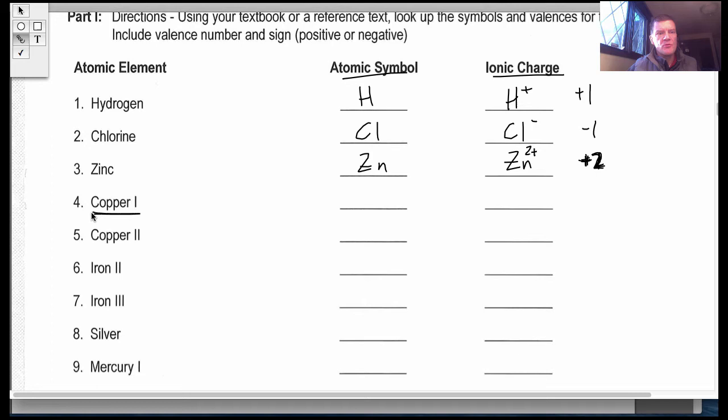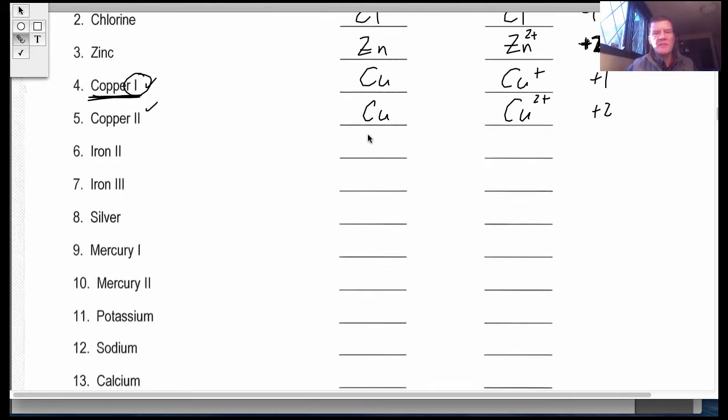Now, if you see a Roman numeral here, it's telling you the charge, because copper could be either 1 or 2. So the symbol for copper is always Cu, but if it becomes an ion with a +1 charge, it can be copper 1. If it has a +2 charge, it's +2. Same thing with iron. The symbol for iron is always Fe, but if it loses 2 of its outer electrons, it becomes a +2 ion.